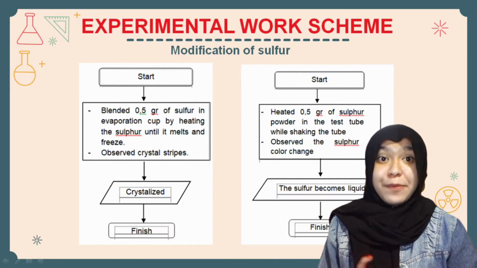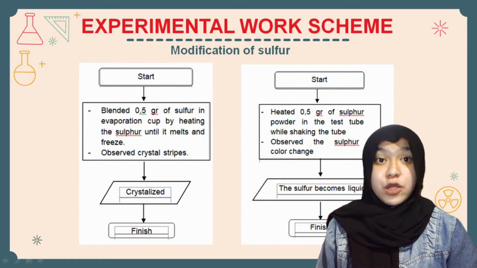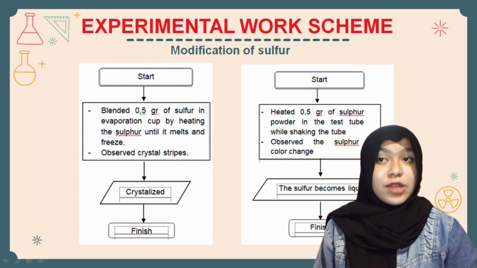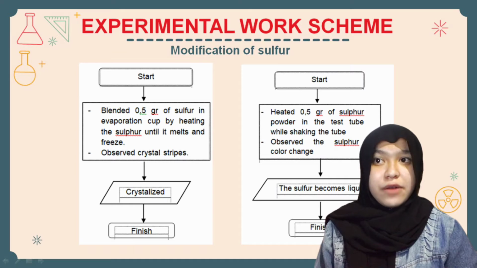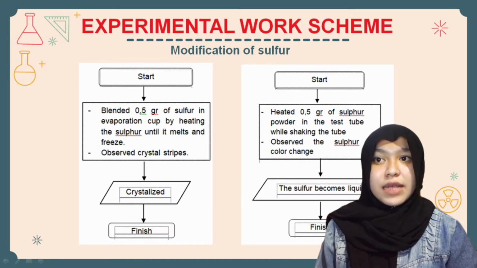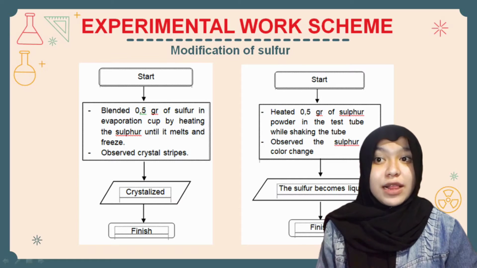Next, experimental works. Firstly, modification of sulfur. Method 1: start. Next, blend 0.5 gram of sulfur in an evaporating cup by heating the sulfur until it melts, and freeze it. Next, observe crystal strips and crystallites.